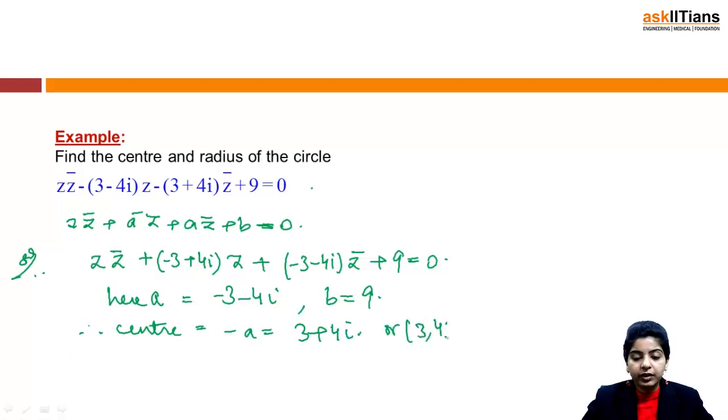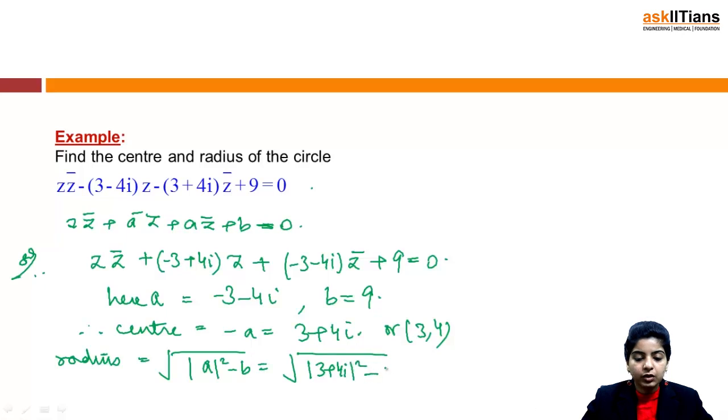Or you can also represent it by the ordered pair (3, 4), and therefore the radius now is, as you know the formula, the square root of |a|² - b. So this will become |3 + 4i|² - b, where b is 9.